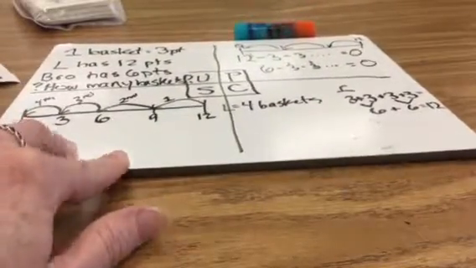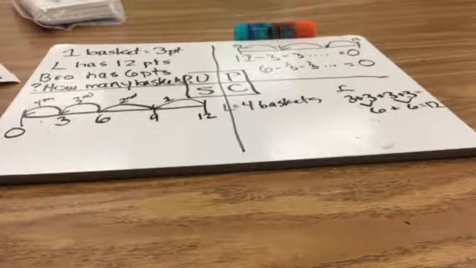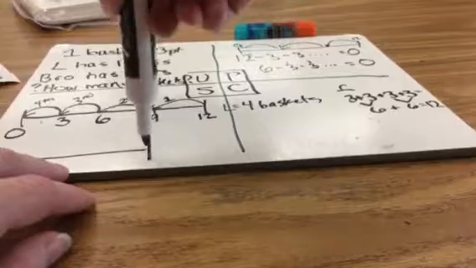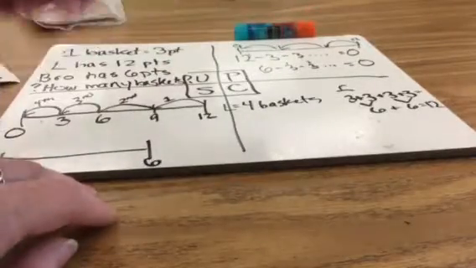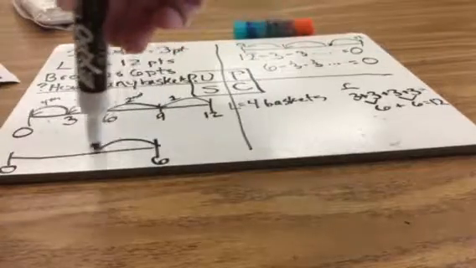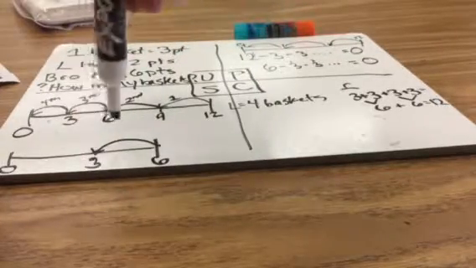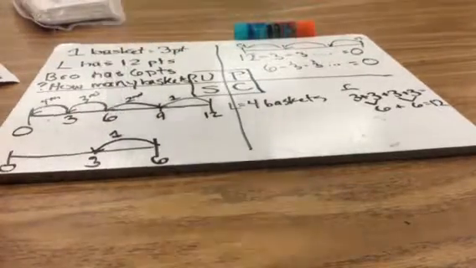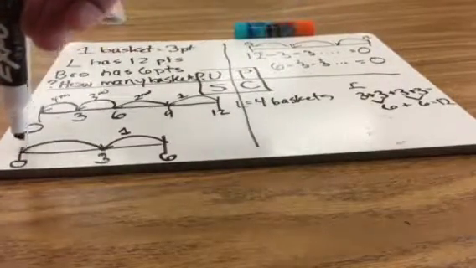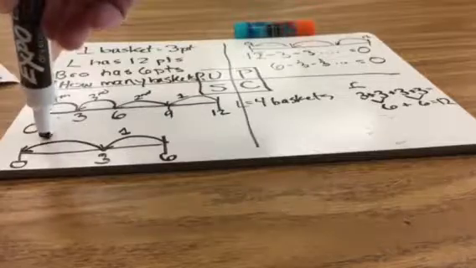Okay, now we're going to go do the same thing with the brother. The brother had 6 points. So we're going to figure out how many groups of 3 are in 6. So we're going to go back by 3s. 6 take away 3 is 3. So that's 1 basket for him. We're not at 0 yet. 3 take away 3 is 0.